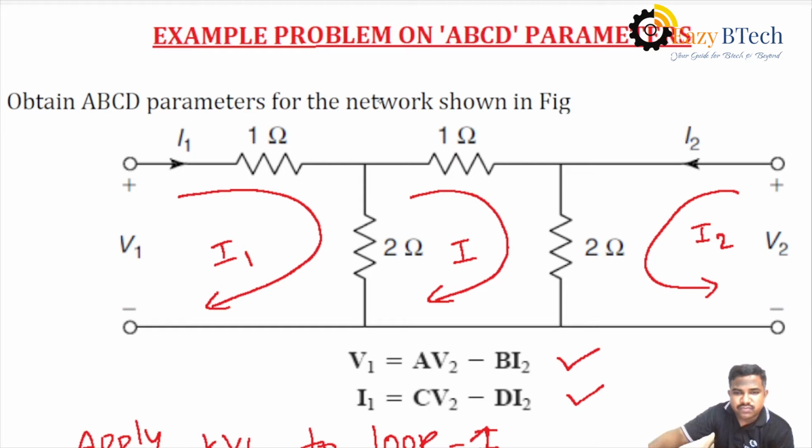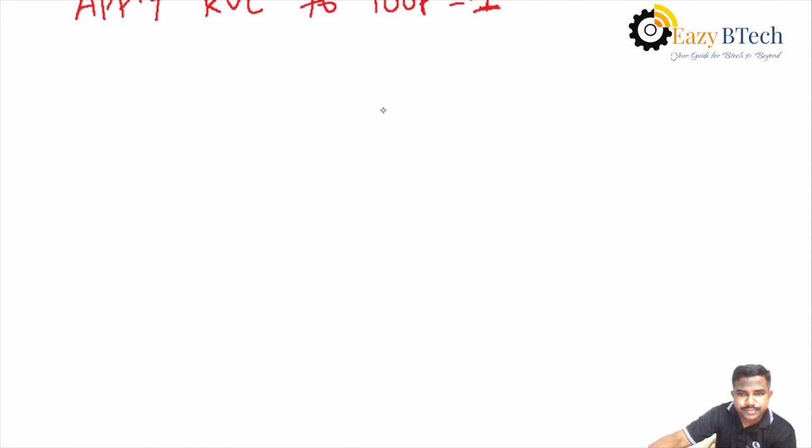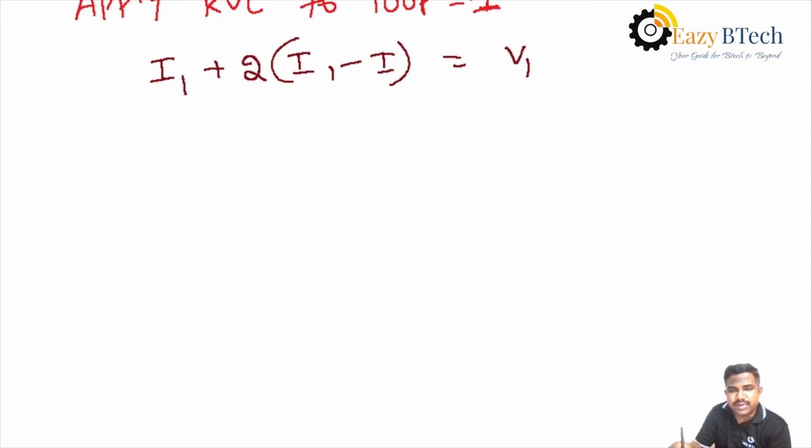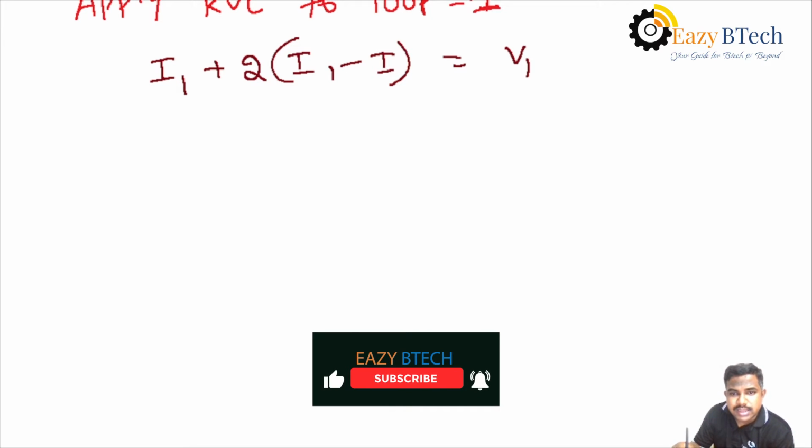So that is the first loop equation: 1 into I1 plus 2 into (I1 minus I) equal to the source value V1. The current I1 is passing through V1 from minus to plus, lower potential to higher potential, so you take the positive value here.